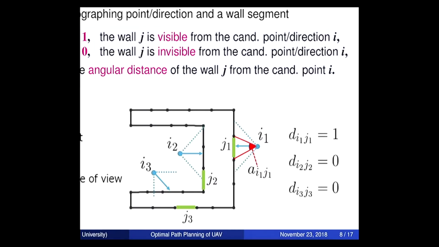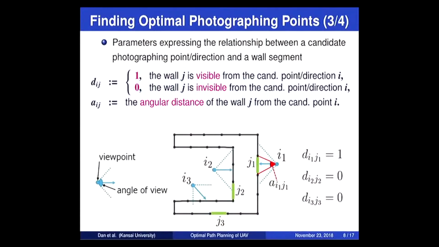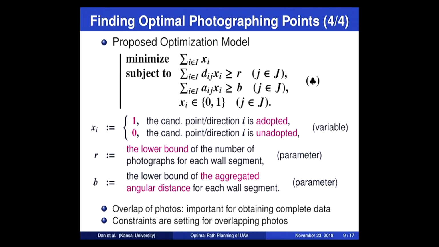In this case, the visibility is occluded by some walls. Therefore, D_I3J3 is equal to 0. We can compute these values by using some geometric computation.